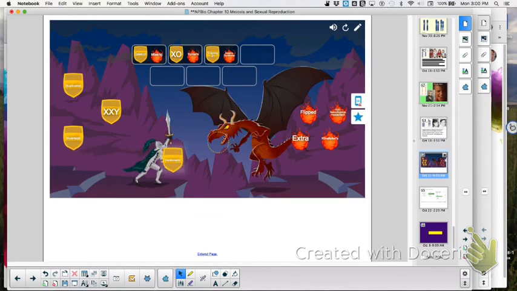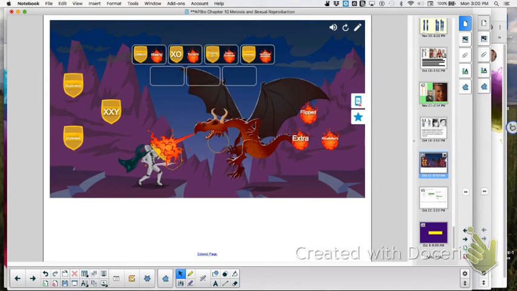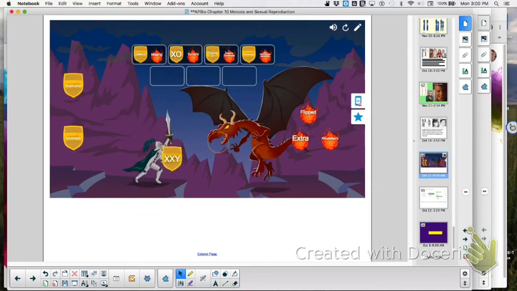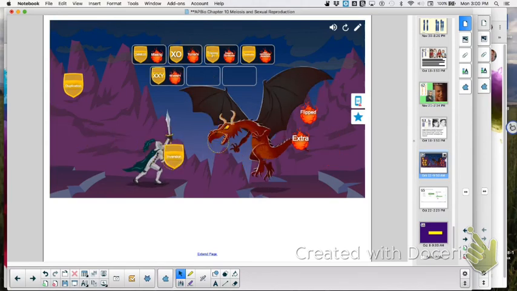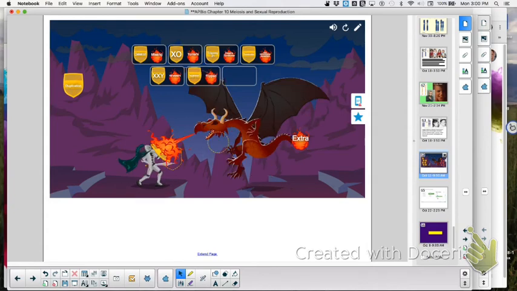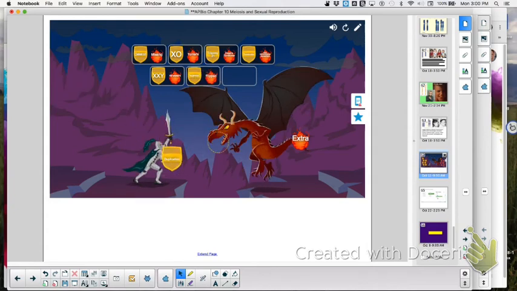What one goes with translocation? Perfect. What one goes with XXY? Mm-hmm. What one goes with inversion? Flipped. What about duplication? Extra. Good.